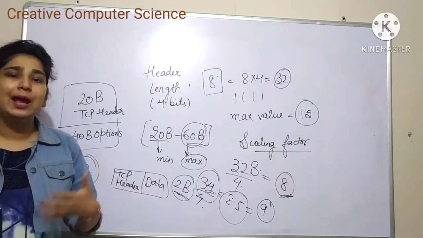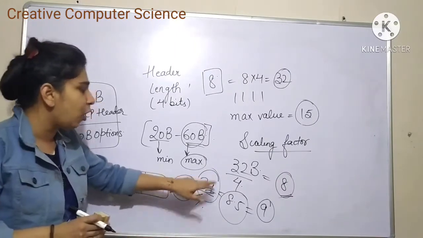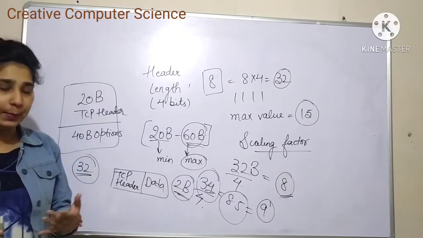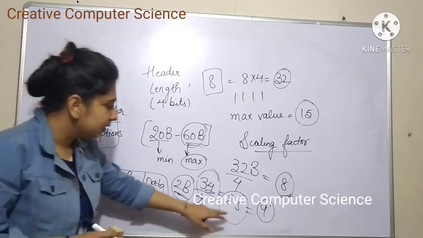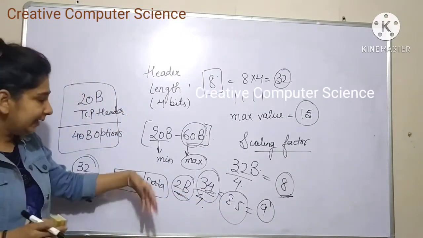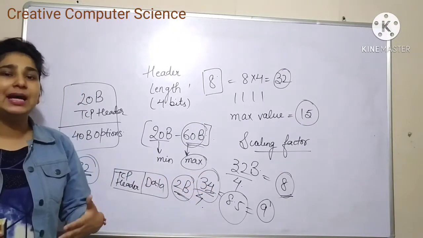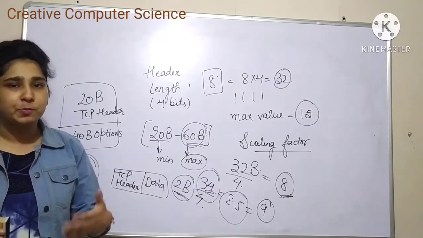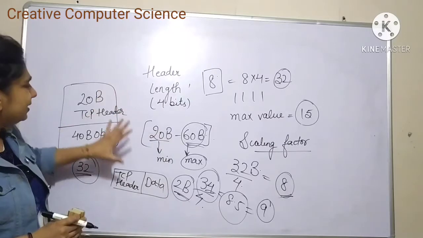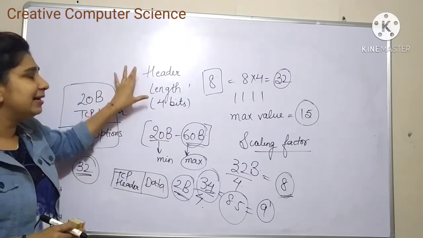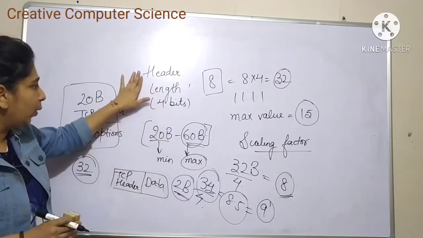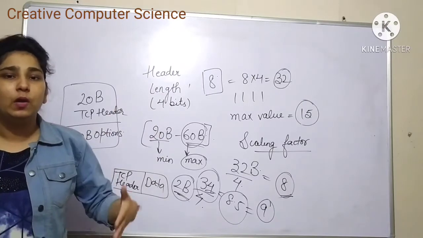We are going to do extra padding of bits in the options field. Okay, we will always take the ceil value, and the 2 bytes of dummy data we are going to add in the options field. So this is the complete header length field. This is how the header length field works.